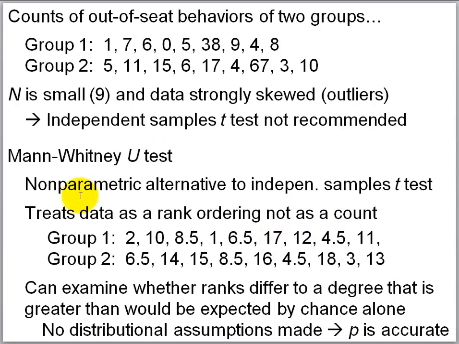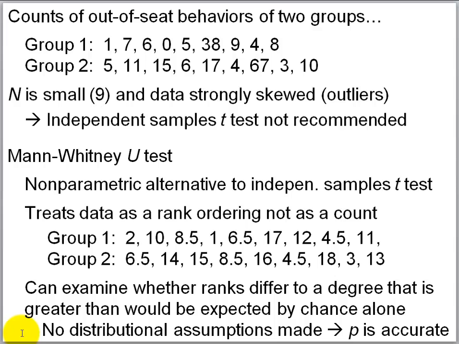So rather than using the counts, the Mann-Whitney U-test is going to examine whether the ranks in the two groups differ to a degree that is greater than would be expected by chance. So the Mann-Whitney U-test is making no distributional assumptions. The fact that we've got such very strong skew, that's not affecting the Mann-Whitney U-test results.